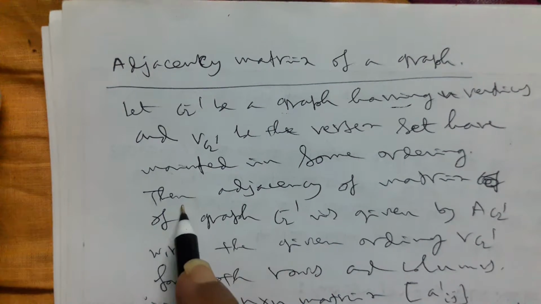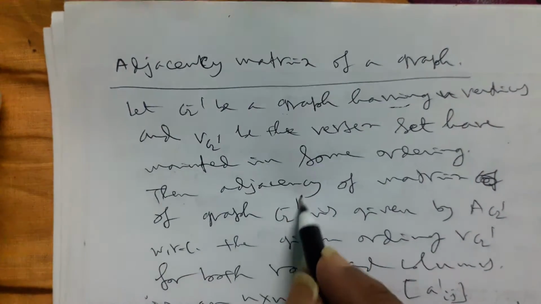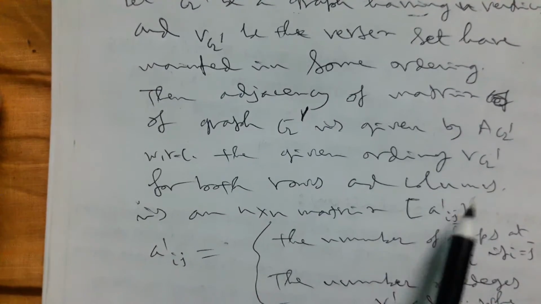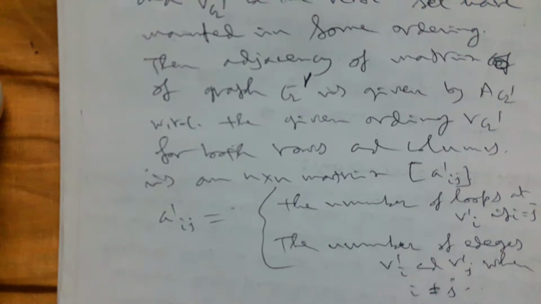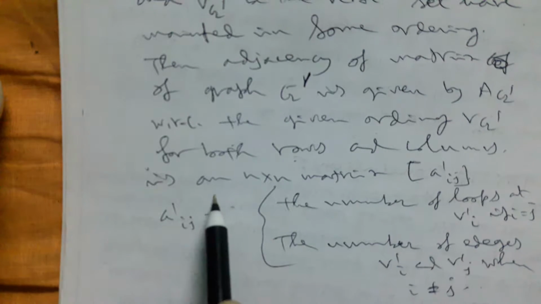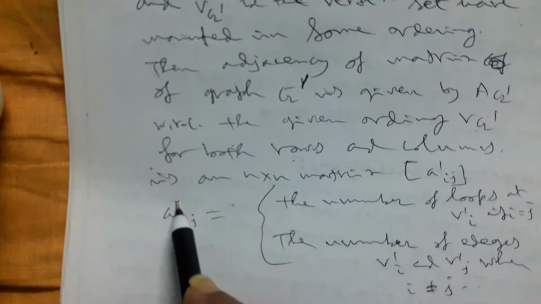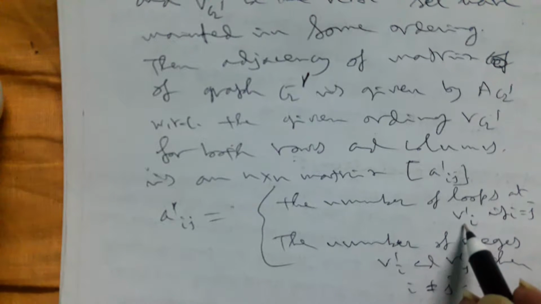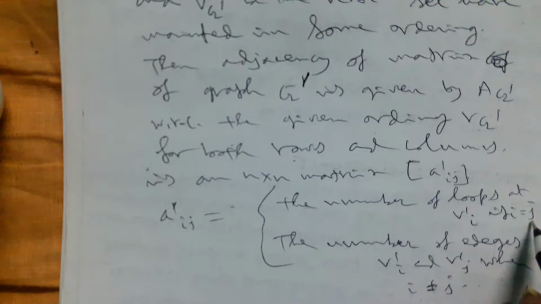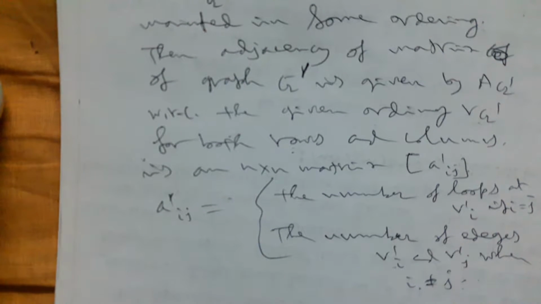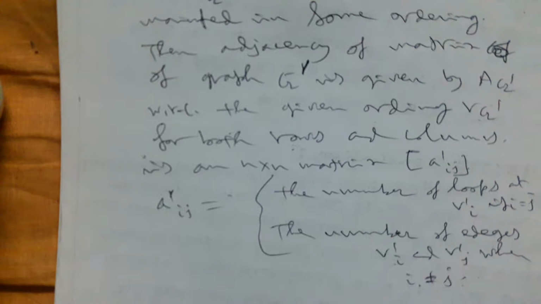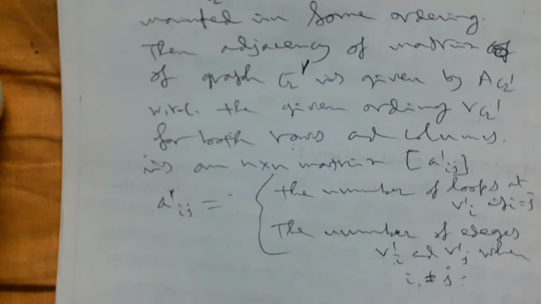The adjacency matrix of the graph G' is given by A(G') with respect to the given ordering V(G') for both rows and columns, and a'ij equals the number of loops at v'i if i equals j, and the number of edges between v'i and v'j if i not equals j. For clearer understanding, we consider a figure to make the idea clear.